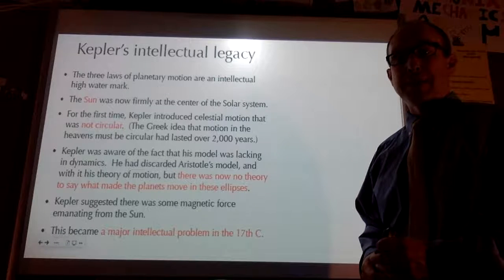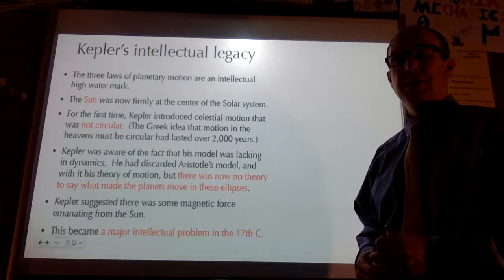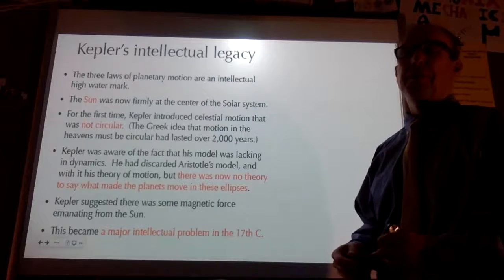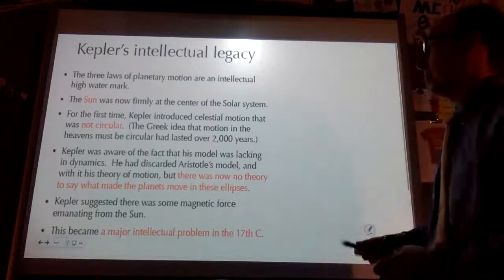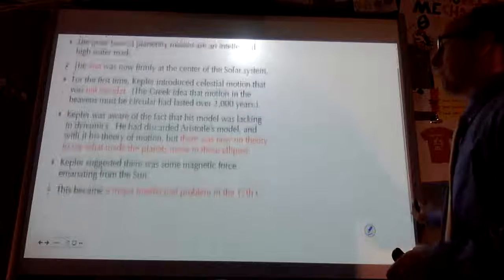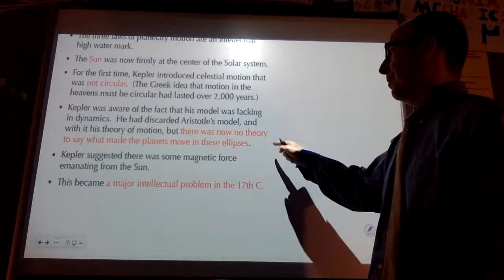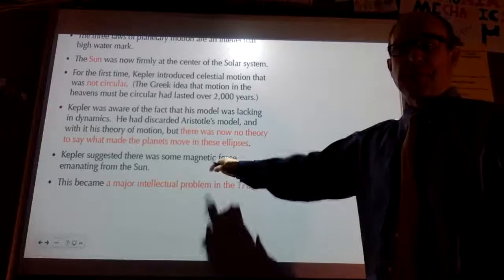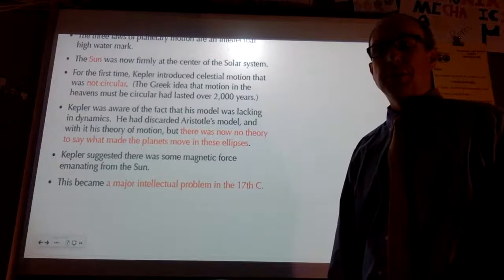Moving forward from us thinking that it's circles to ellipses led a lot to energy in the future, forces with Newton. This force at a distance from the sun, we could see that he's definitely a stepping stone.